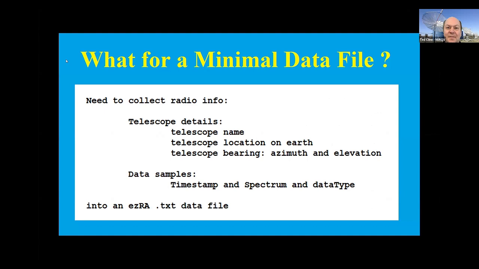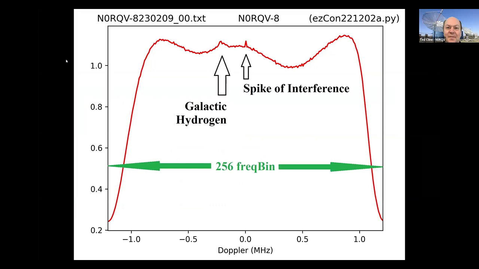Each sample should include the starting date and time, the spectrum values, and maybe a flag telling what kind of data this is. I call that an Ezra.txt data file. Those spectrum values are simply the sample's power values for each of the frequency channels. Here it would be the values of these 256 red dots.